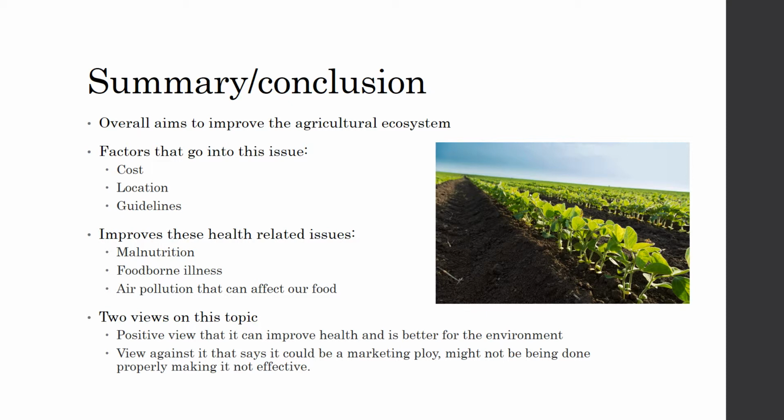It is to improve the soil and use all of the resources around it, use the environment rather than chemicals, but the thing that makes it unique is improving the soil through the environment. Some of the factors to remember that go into this issue would be the cost, the location, and the guidelines.